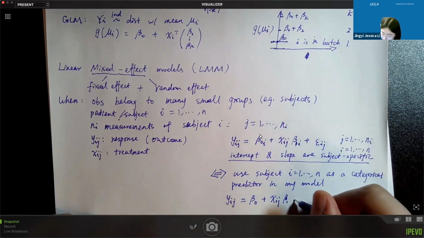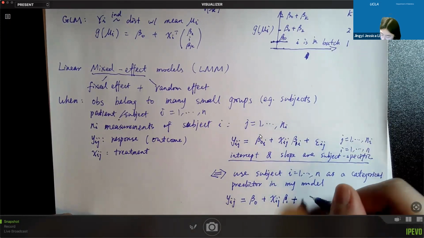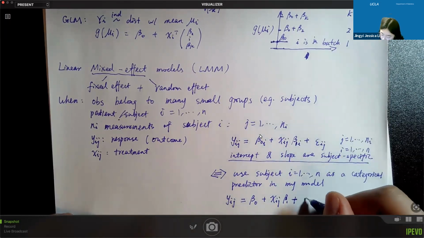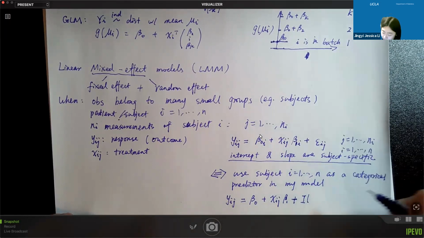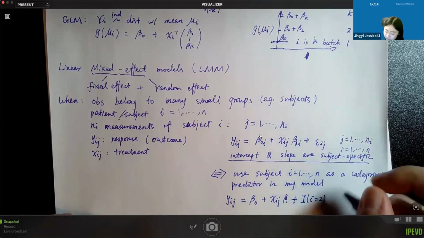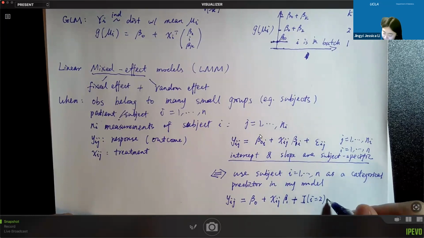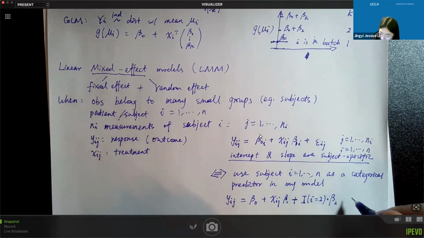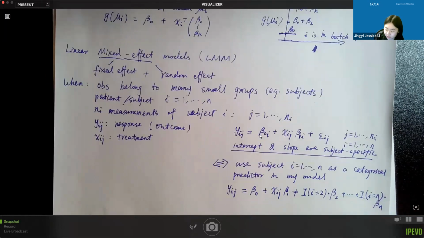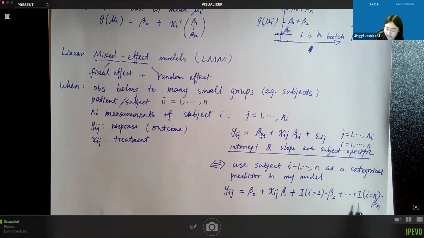So plus the indicator that i equals the second subject times beta 02, plus the indicator whether it's equal to subject m times beta 0m, right? So this is how I encode it as a set of binary predictors.